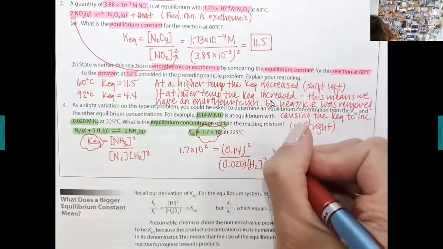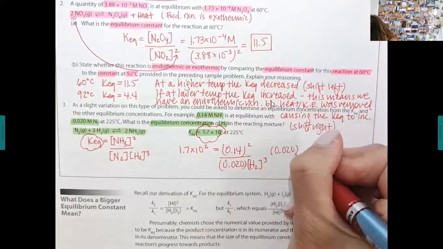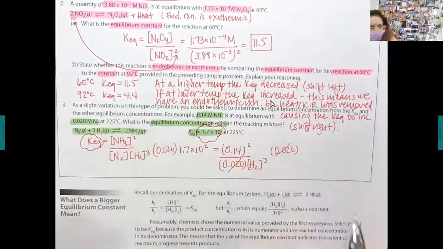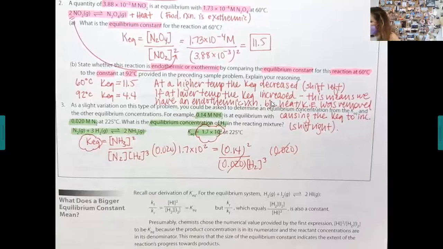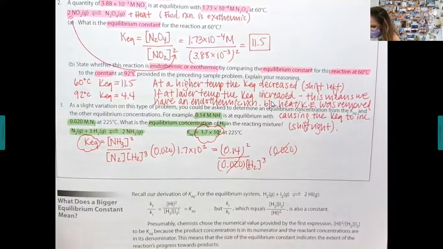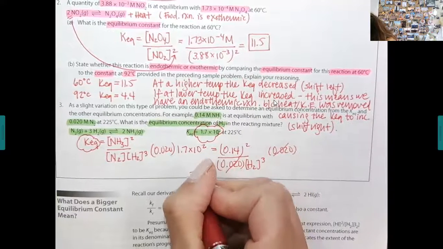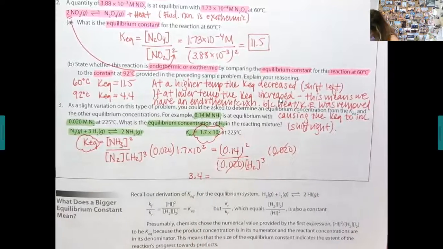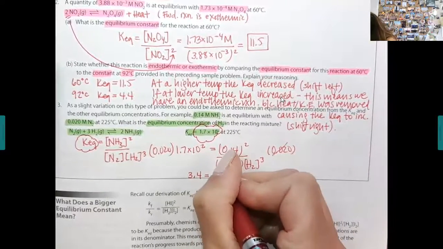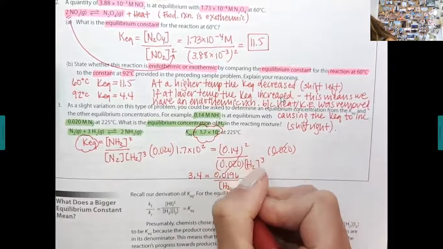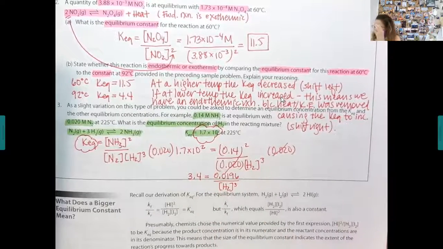So I would just multiply both sides by 0.020 to cancel it there. And then this is 3.4 over H2 cubed, right?